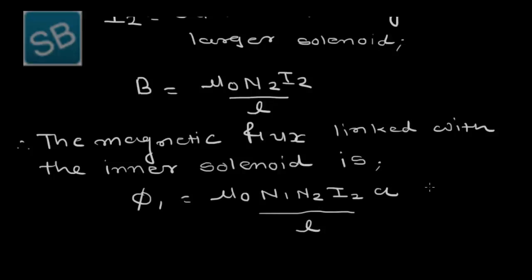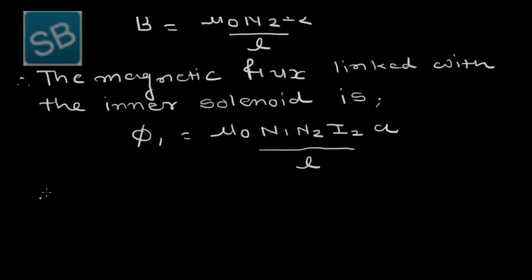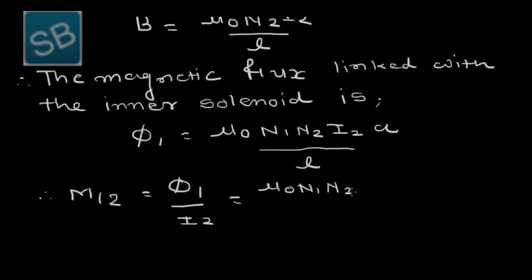And now I have the value of phi 1. Similarly, I have the value of I2 because it is a steady current, and so now I can find out the mutual inductance. Therefore, M12 is equal to phi 1 upon I2, that is equal to mu 0 n1 n2 I2 A divided by L into I2.